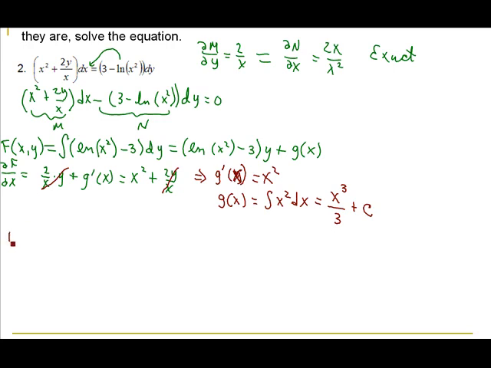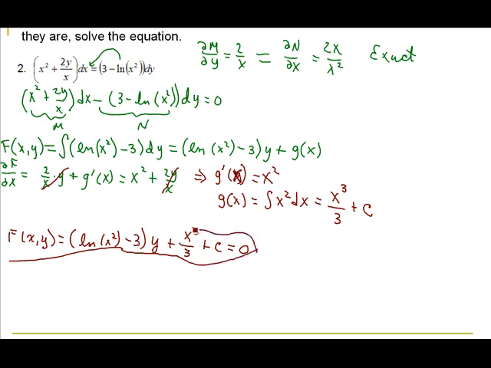And so our solution to the equation is going to be f of xy is equal to, here we have the natural log of x squared minus 3 times y plus g of x, which is x to the third over 3 plus c is equal to 0. And there's our solution.